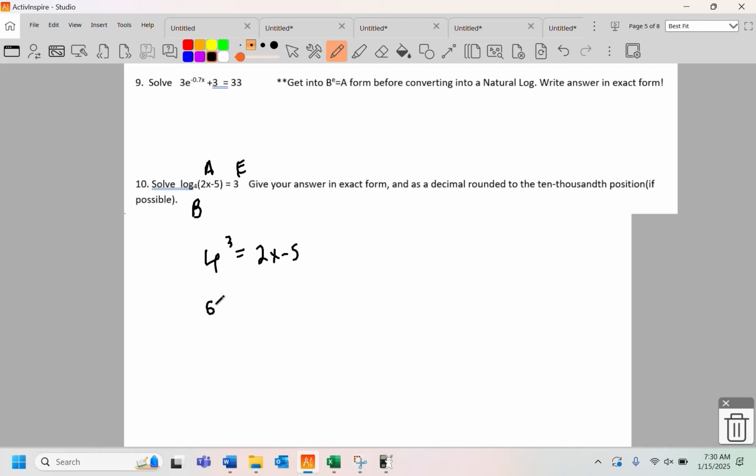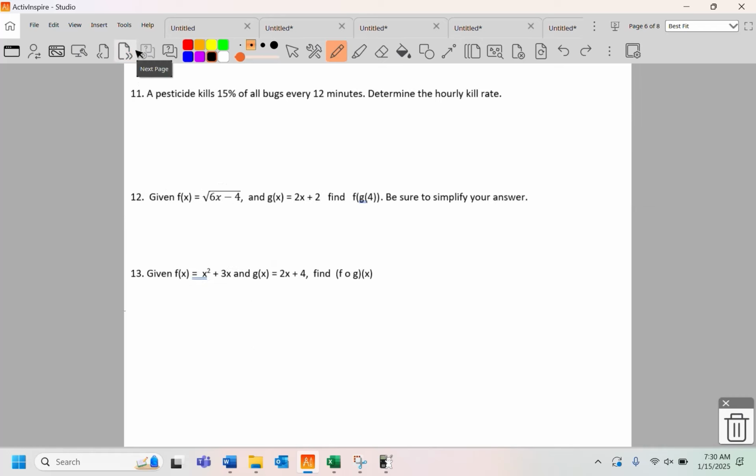By the way, 4 cubed is 64, and we add 5 to both sides, so that'd be 2x. 64 and 5 makes 69 equals 2x. And I guess we're going to divide by 2. 69 over 2 is x. So there's the perfect form. If you want that as a decimal, it'd be what, 34.5? So easy peasy, lemon squeezy.